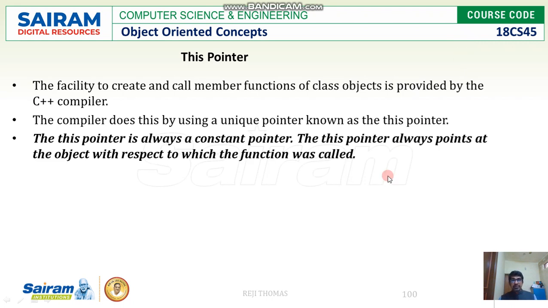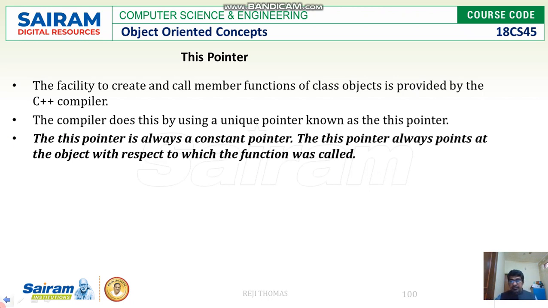You should remember this pointer is a constant pointer. It's not a pointer like other pointers. And the second thing about this is that the this pointer always points at the object with respect to which the function was called. Let me make it clear.